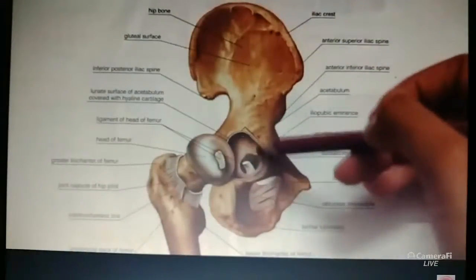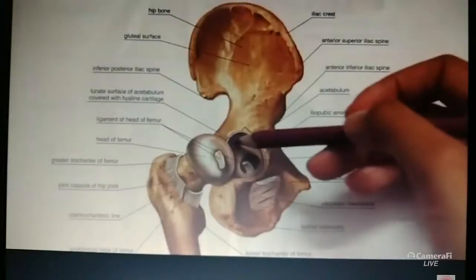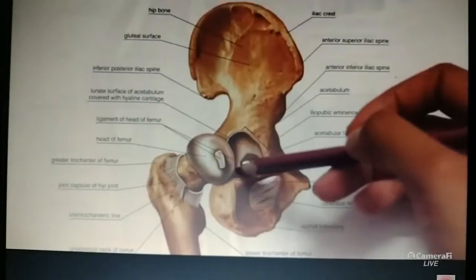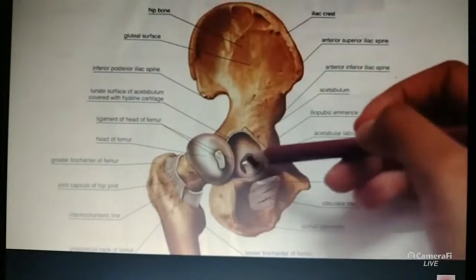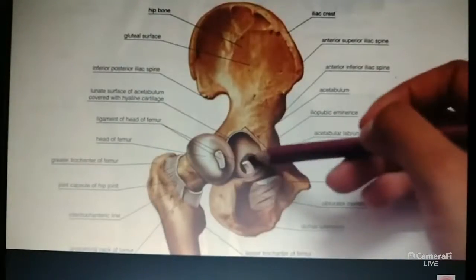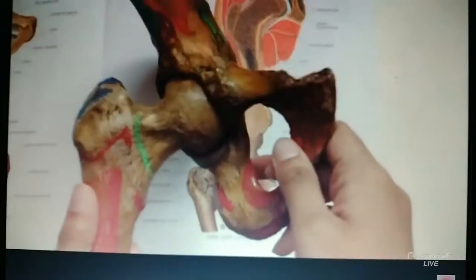The acetabulum is, you can see here, shaped with lunate articular surfaces, the acetabular notch and the acetabular fossa. The hip joint is a variety of synovial joint.